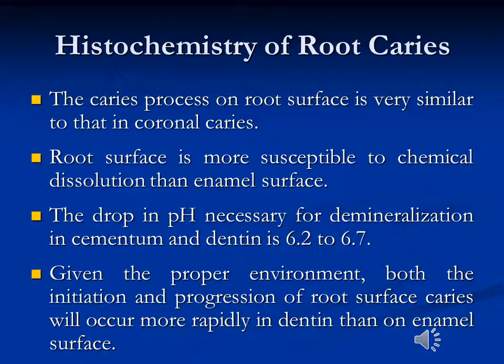For example, a pH of just 6.2 to 6.7 is necessary for demineralization of dentin, while demineralization of enamel, if you remember, needs a bigger drop in pH. We said the critical level is 5 to 5.5 in the plaque for caries in enamel to develop, while the threshold is higher in dentin.